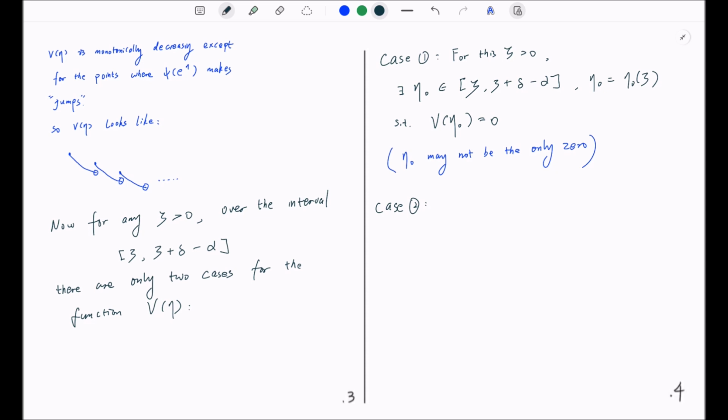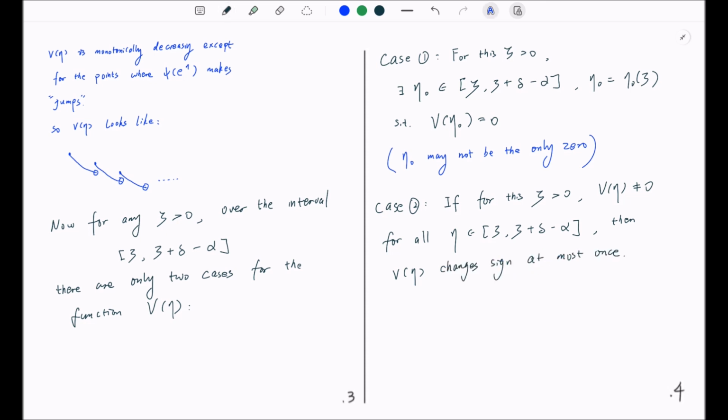The second case is the following. If, on the other hand, for this zeta bigger than 0, v of eta is non-zero for all eta in this interval, then v of eta changes sign at most once.